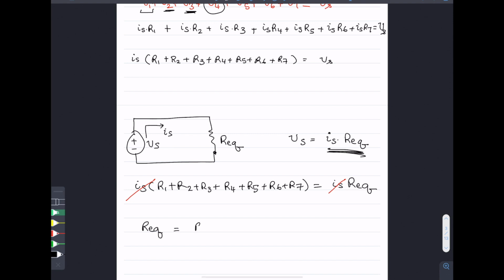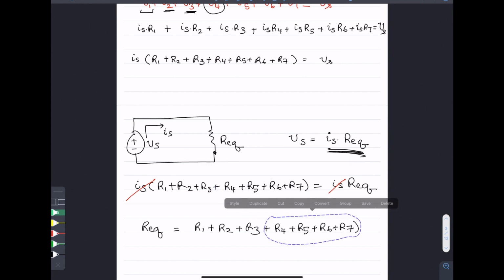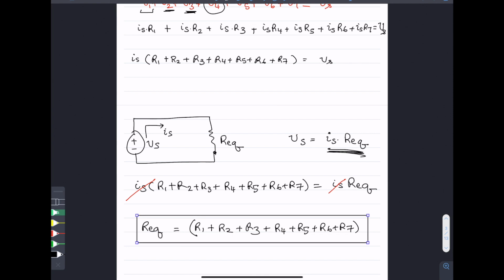R equivalent is R1 plus R2 plus R3, and so on. Let me actually copy this, I'm tired of writing it over and over again. So this is exactly the result we started out by defining, right?